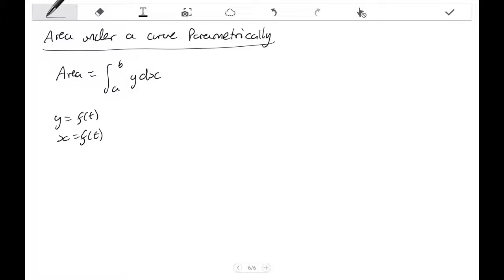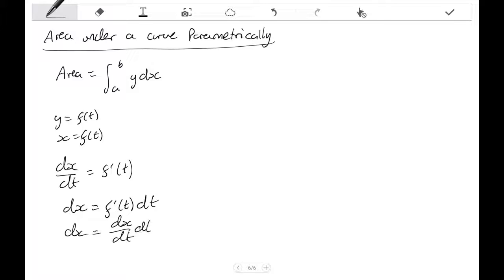But what we can say is from this x, dx by dt is equal to f prime of t. Makes sense. We can rearrange that to say that dx would be equal to f prime of t dt, or written slightly differently, dx would be equal to dx by dt dt. That's the chain rule.